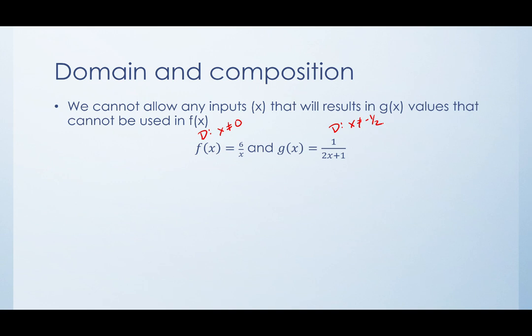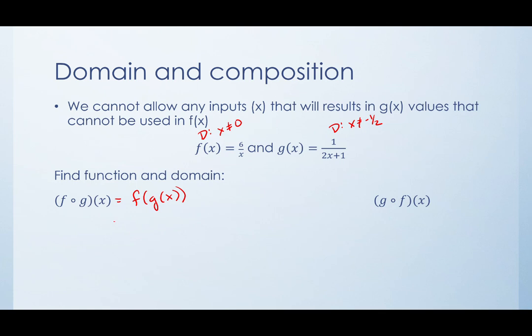So what about f composed with g? If we do f composed with g, we're looking at 6 over 1/2x plus 1. Now we can simplify that, and that will be 6 times 2x plus 1, so 12x plus 6, that's fine.